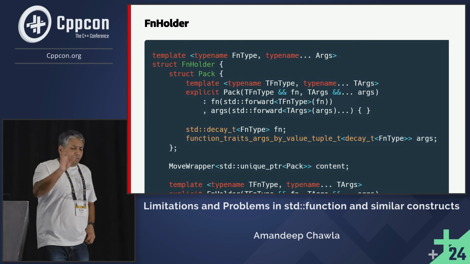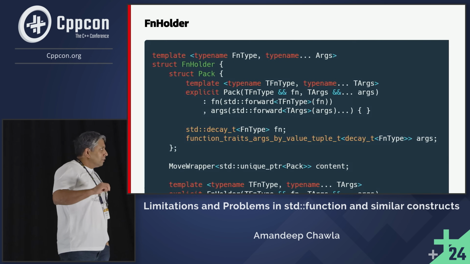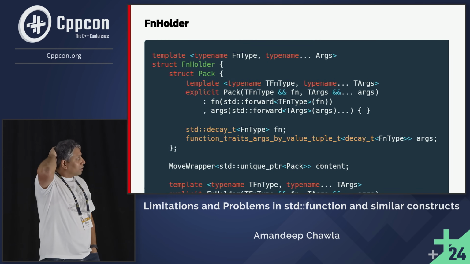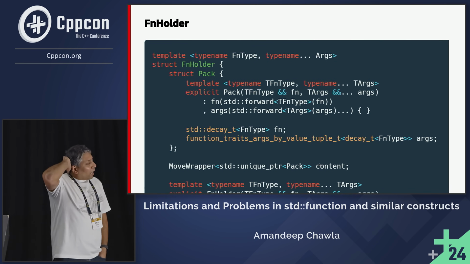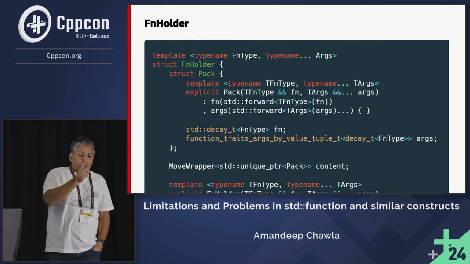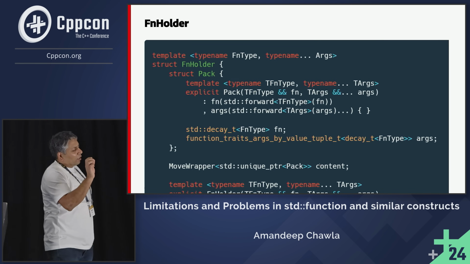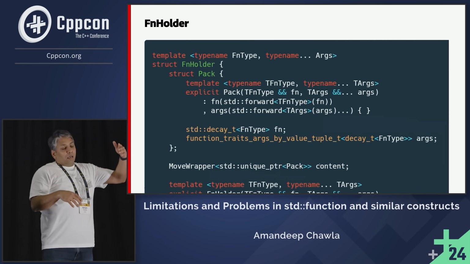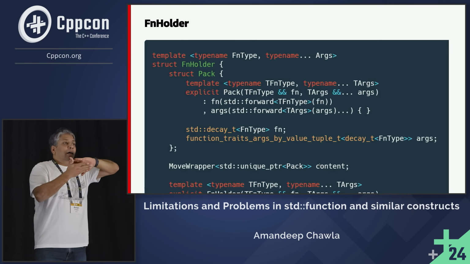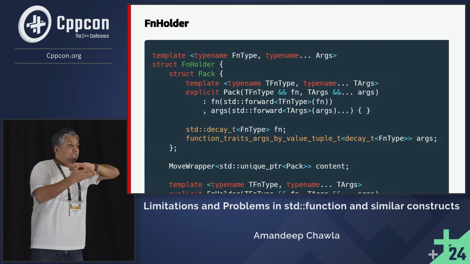Now, everything done, we were good with the approach. I thought MoveWrapper, that was always my concern. So rather than using a holder, I am saying functional. And I tricked you in one of the things. If you remember, I was initially capturing the callback lambda, not the callback as a function, but as a lambda itself.